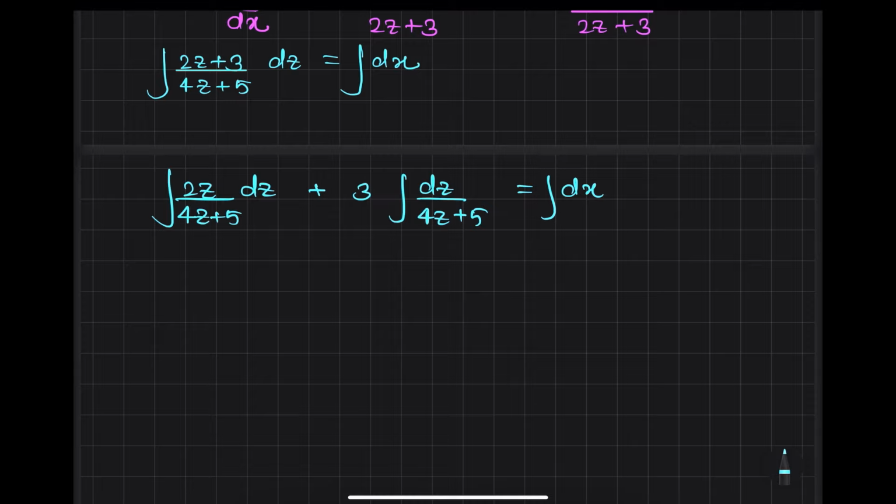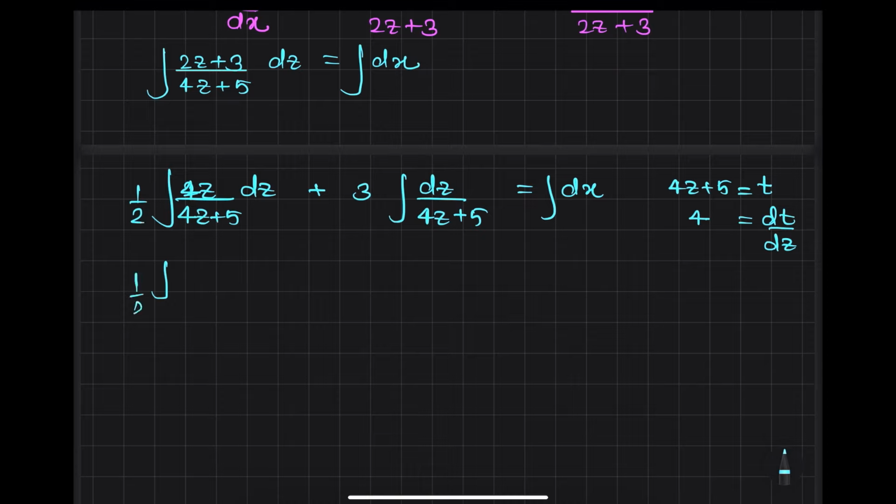Now I will assume 4z plus 5 as t. So we differentiate with respect to z and get 4, that is dt by dz equals 4. Now look at this. In place of 2z, I will multiply by 2 and divide by 2.